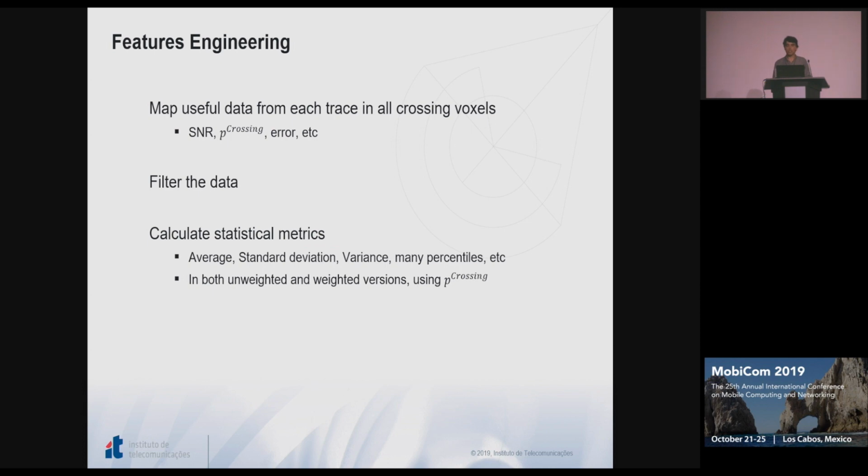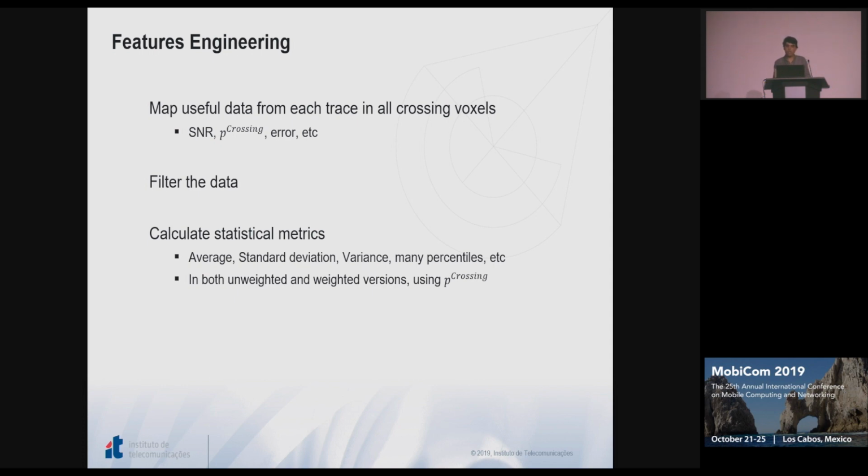Then we filter the data. We did this because we had some long-standing collections near some of the spots, which were completely biasing the results. Lastly, we extract statistical metrics from all of those variables, for example the average, standard deviation, and many different percentiles and similar metrics.